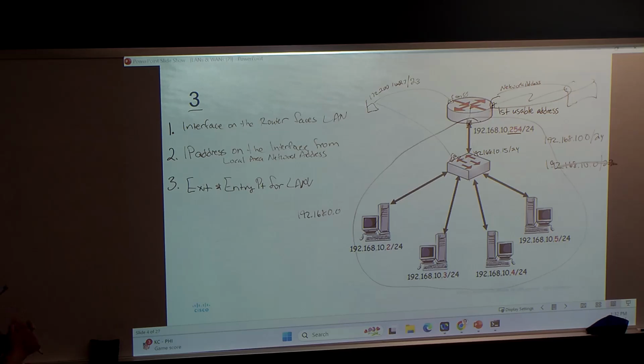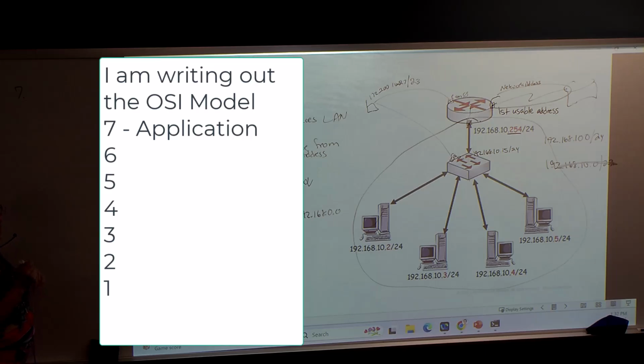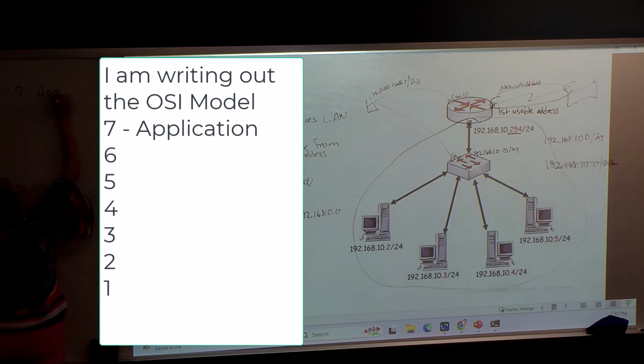Now, what I want to do, again, leaving your monitors off. I'll start with you, Gianni. Give me the OSI model. What's layer number 7? The one above it. All people seem to need data processing. Okay. Application.